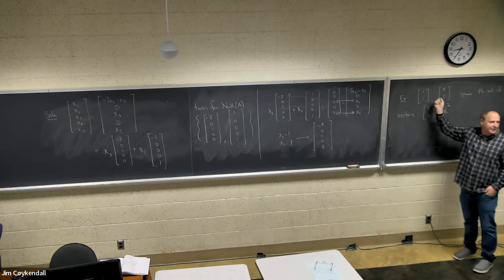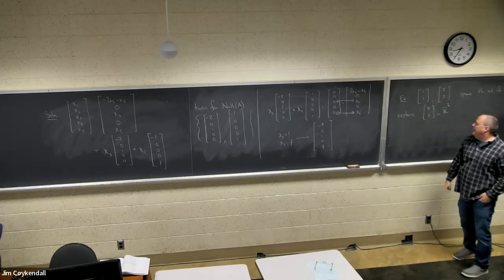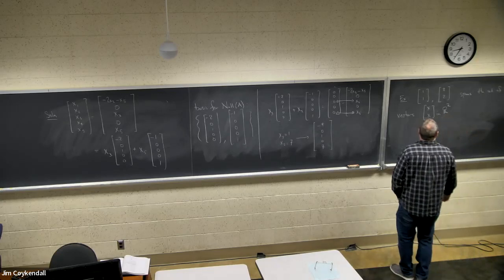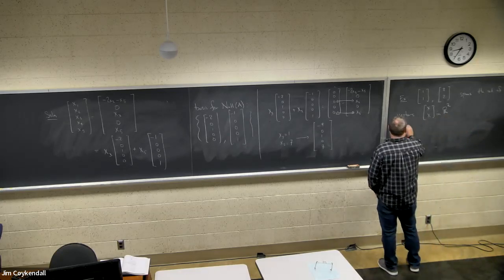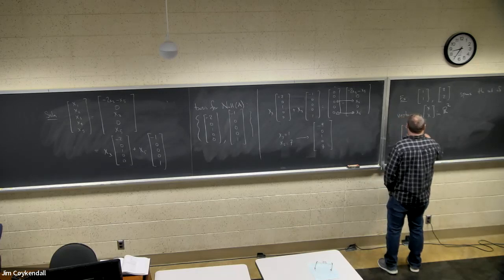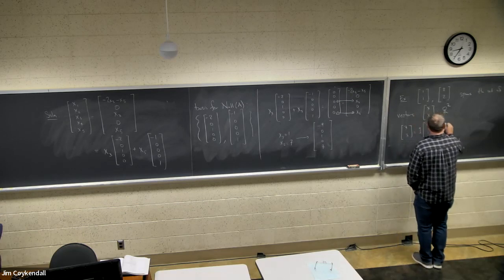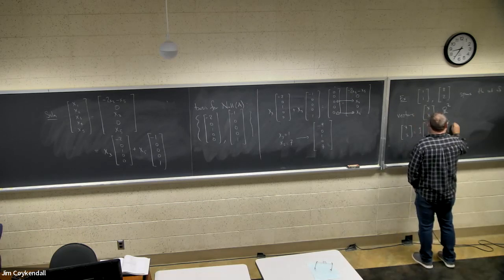But this is not a basis because there's too much in it, right? This is not a linearly independent set. And for example, notice that (3, 3) is equal to (1, 1, 1) plus (1, 2, 2).